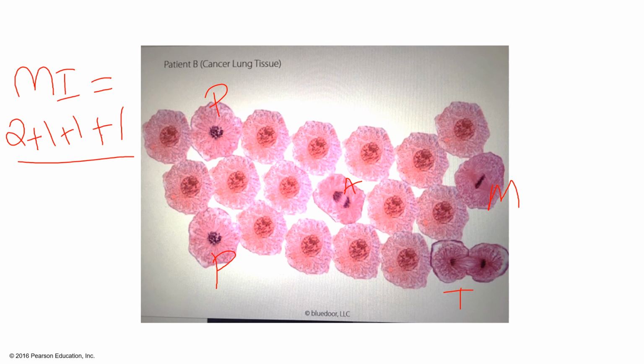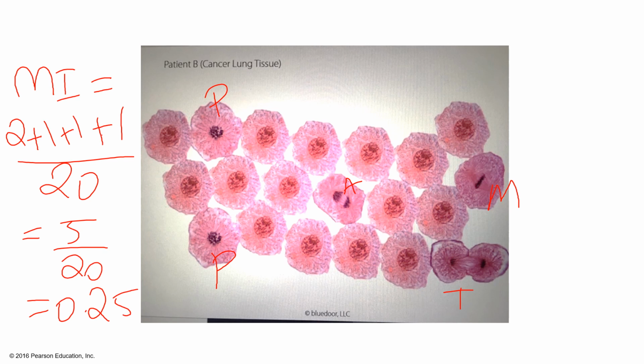So if we count the cells together, you should count a total of 20 cells. So 1, 2, 3... yeah, so there are 20. Again, you count the telophase as one cell because you still don't have complete separation. So now calculate it. That would be 5 divided by 20. So your mitotic index is 0.25.